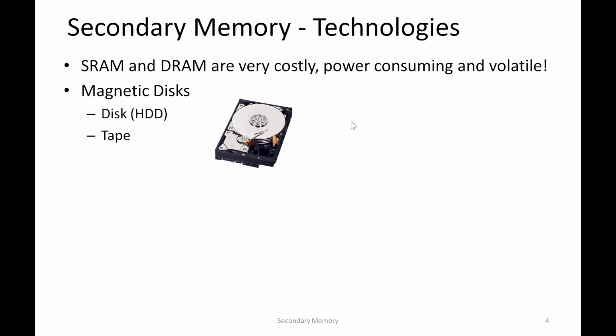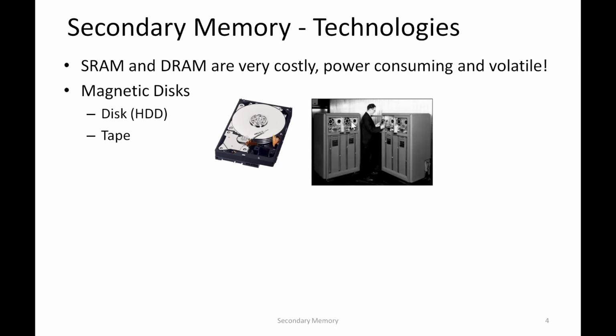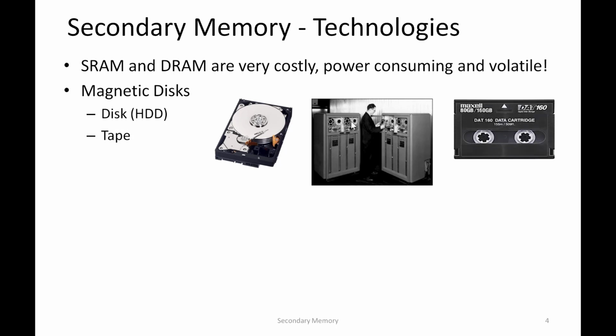Also, we have magnetic tapes. Typically, they were of huge size and they were very slow. The picture shown on the slide is quite old, probably 1960s, 70s, and eventually they got shrunk in size.